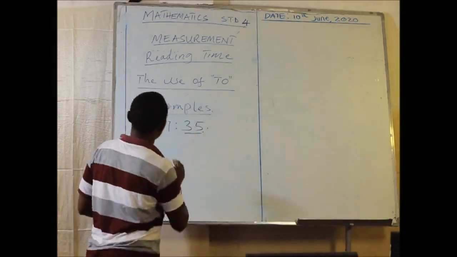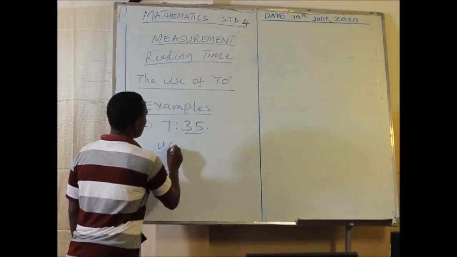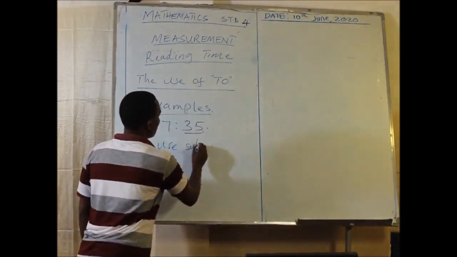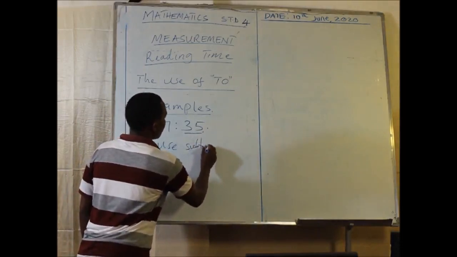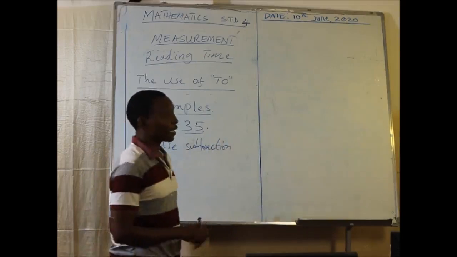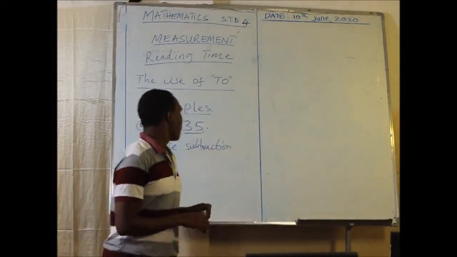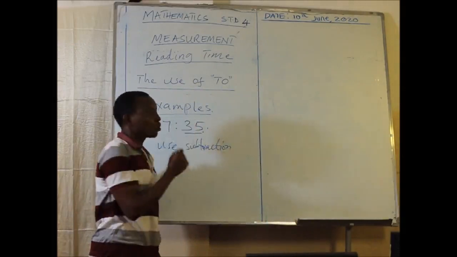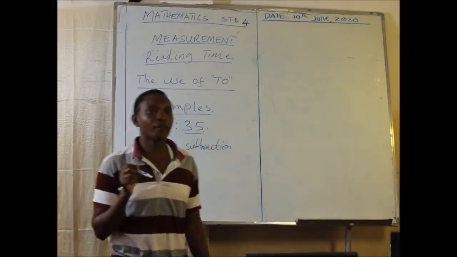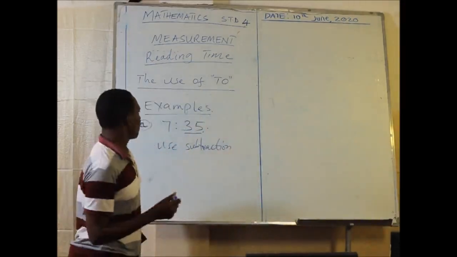Now for this you use subtraction. You take 60 minutes and subtract the minutes which are there, so as to see how many minutes remain to reach the next time.